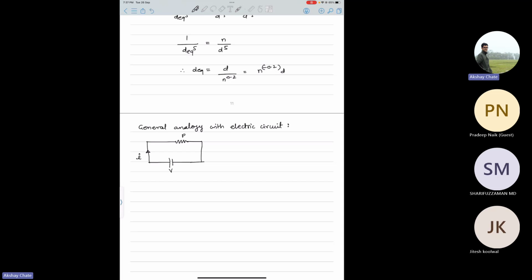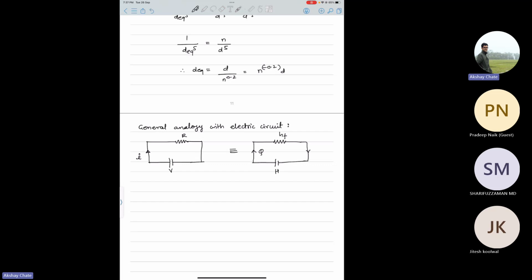The same analogy applies to series and parallel connections, where the frictional loss acts as the load in your system, there is a total head, capital H, across which the fluid flows, and the flow rate is like the current.